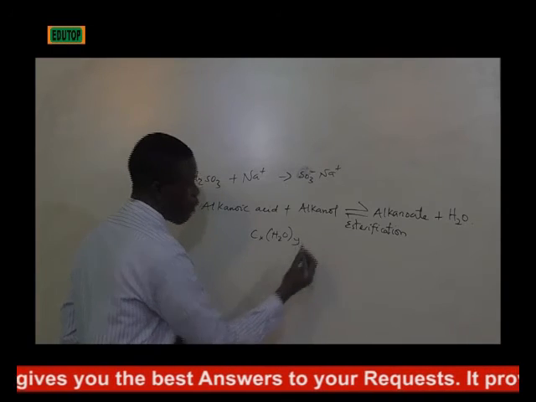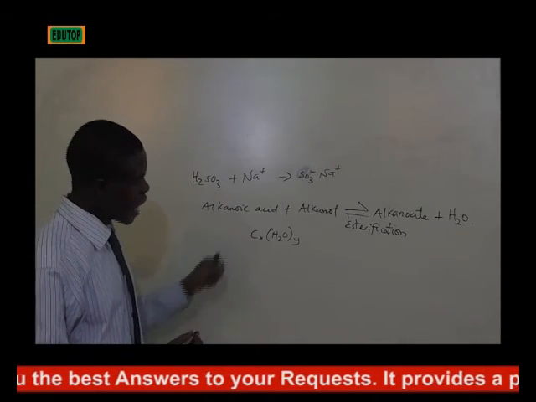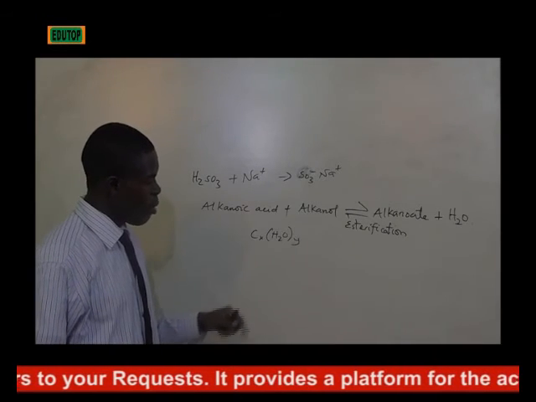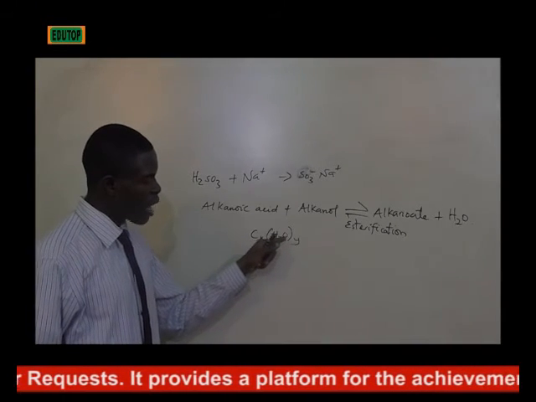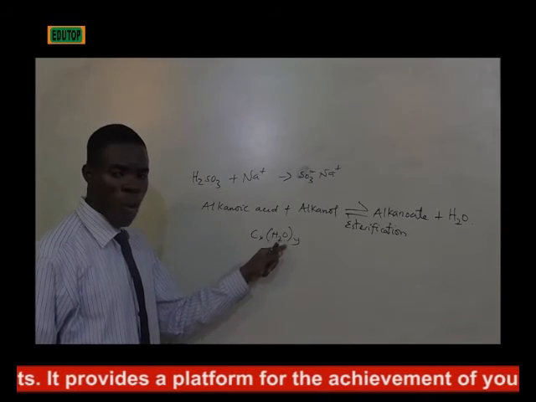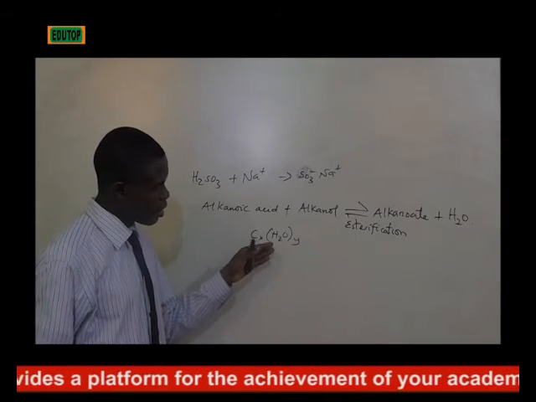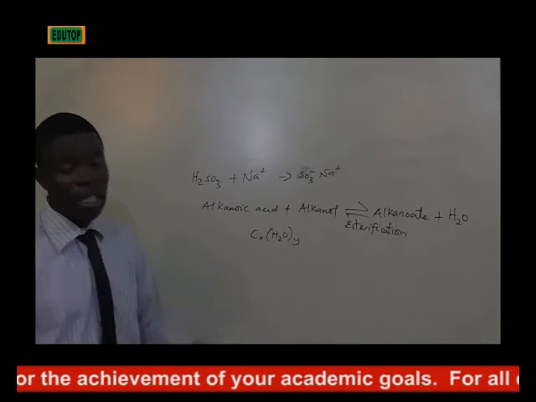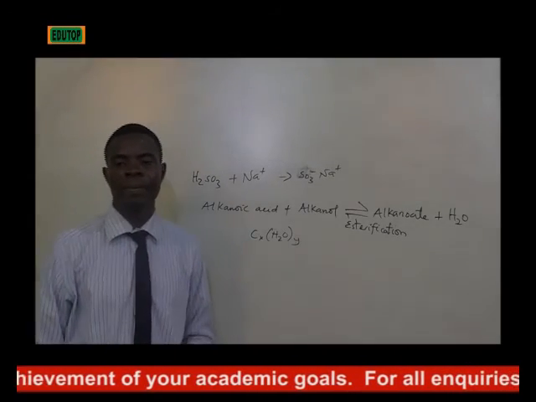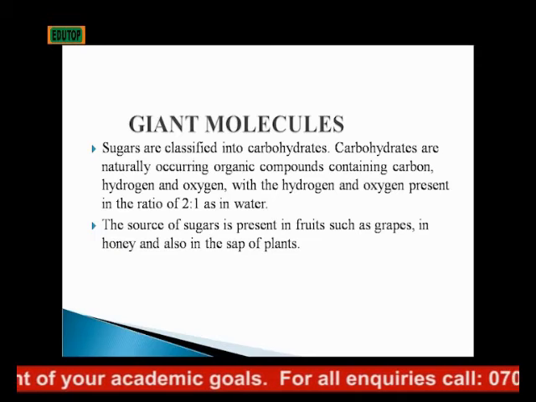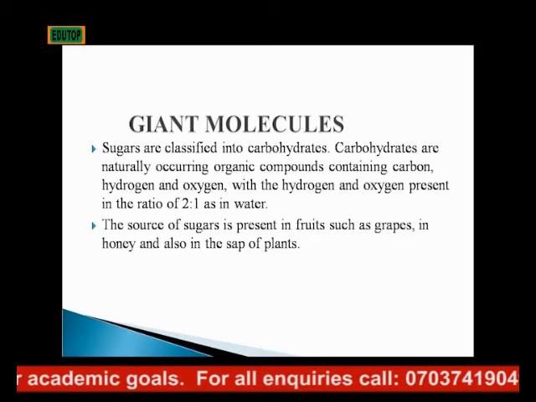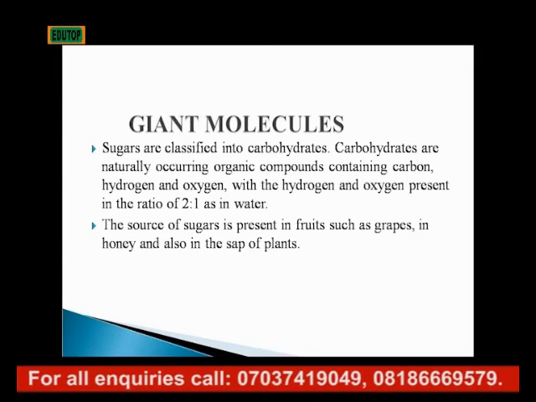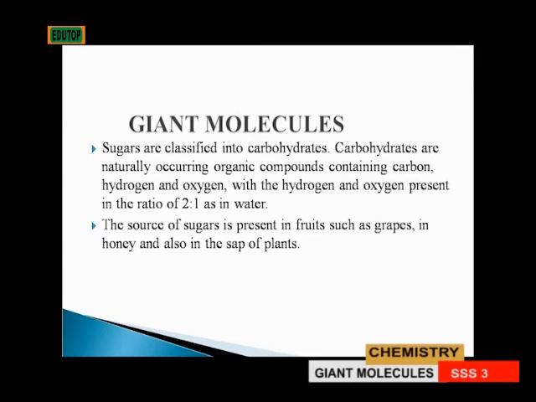This is the structure of carbohydrates. The source of sugars is fruits such as grapes, honey, and also the sap of plants.